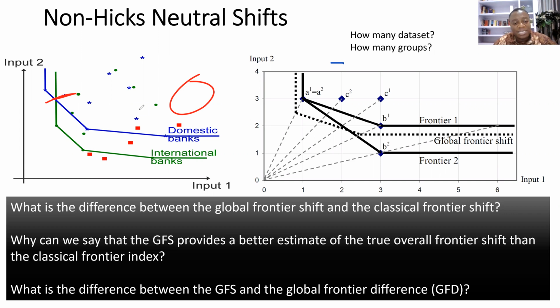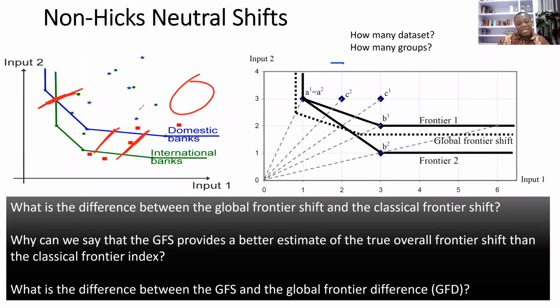You are talking about domestic against international banks. So you can see that there is no difference at all at that section here, but there are wide differences in this other place, between the green dots and the blue stars. On the basis of this, you can check whether there is a significant difference. So in this case, it's not about improvement or decline, it's about difference.